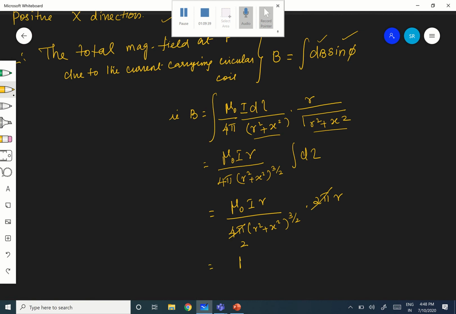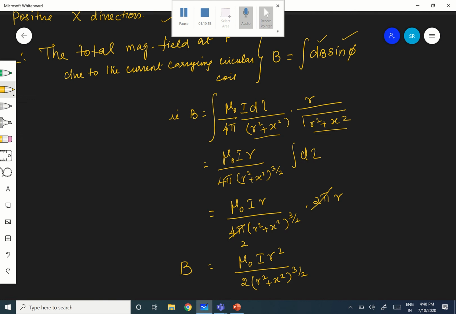You will be getting mu naught I r squared divided by 2 into r squared plus x squared, the whole power 3 by 2. So this is your B.